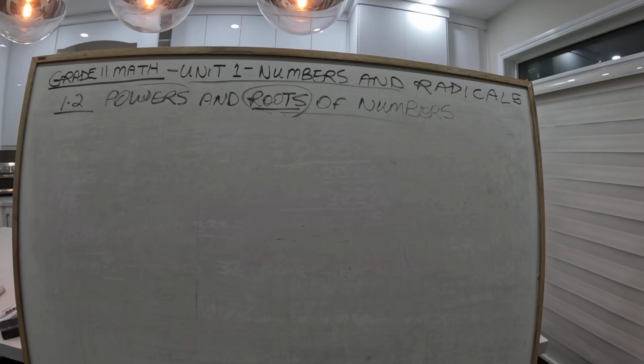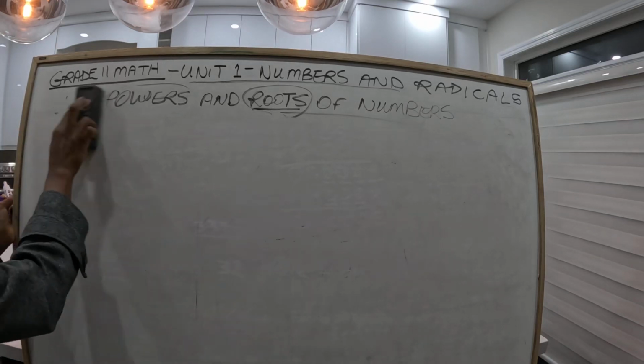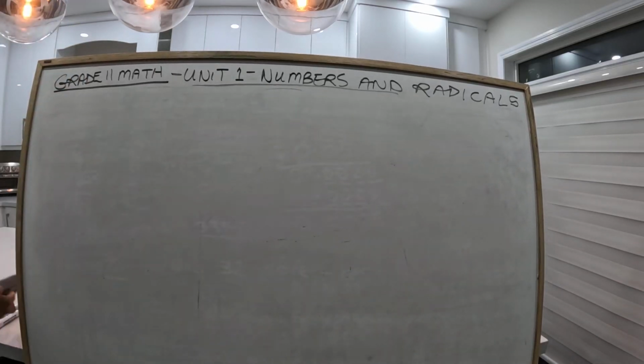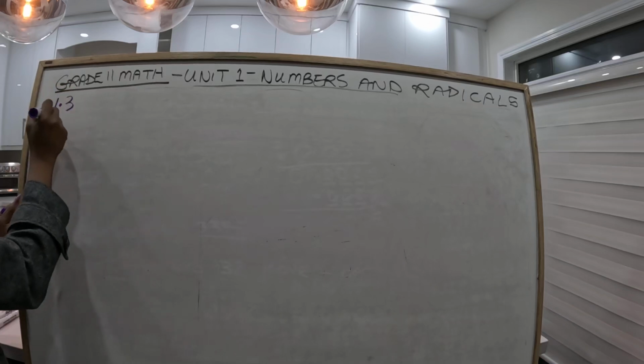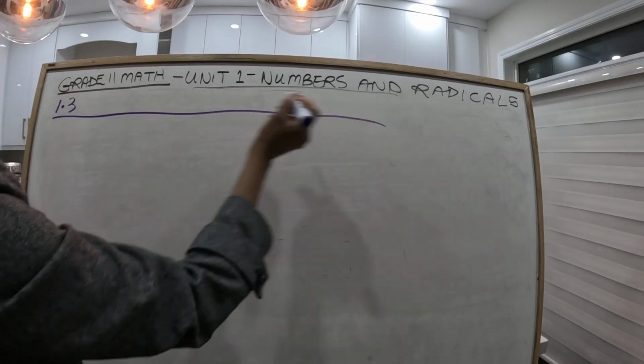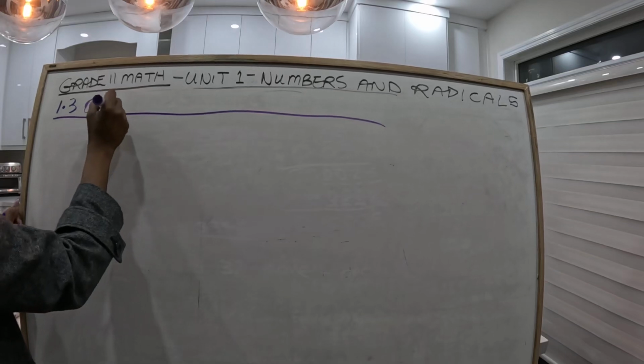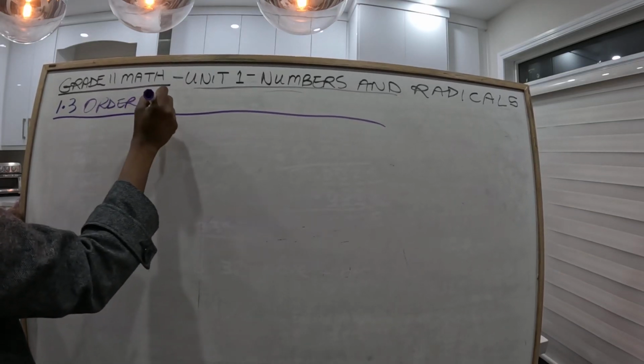So we're going to go to another section. Let's see what we have today. So we're going to talk about ordering radicals. So this is 1.3. We're going to figure out how to order radicals.